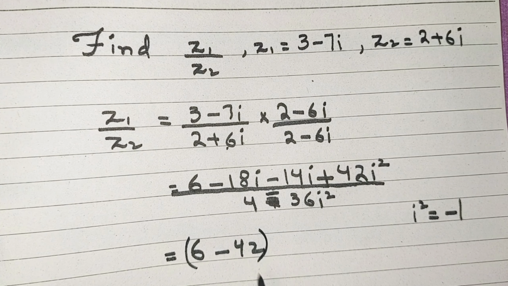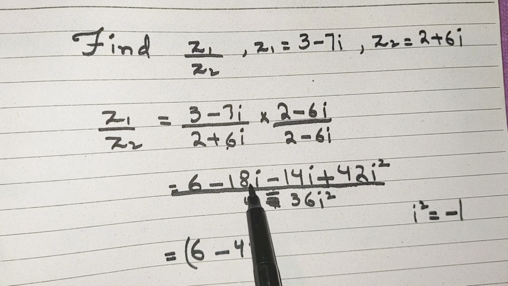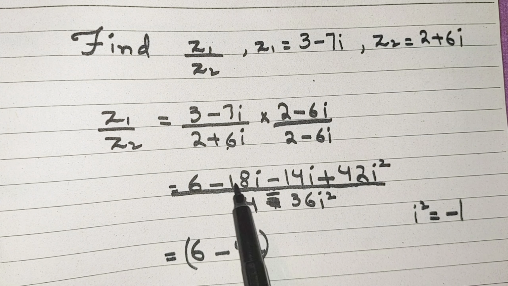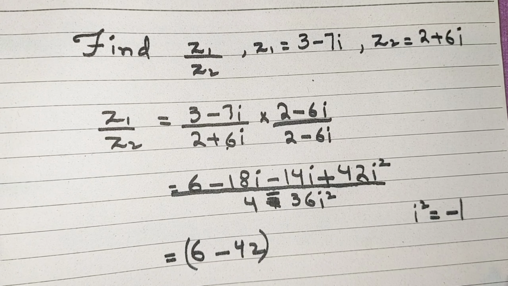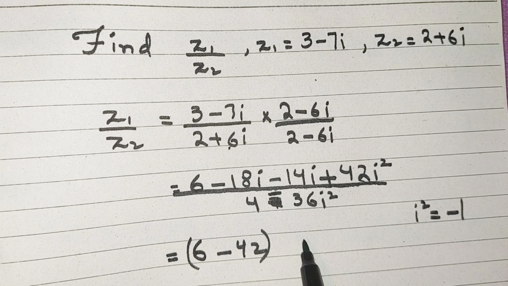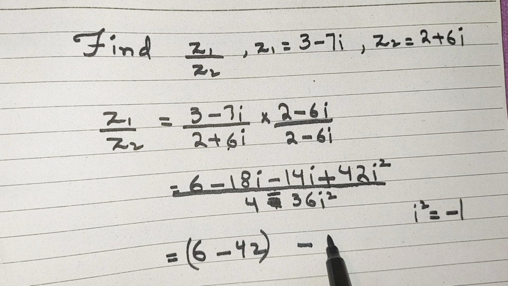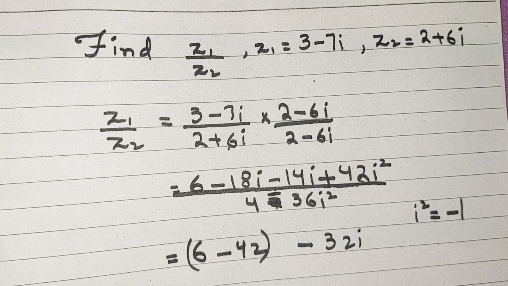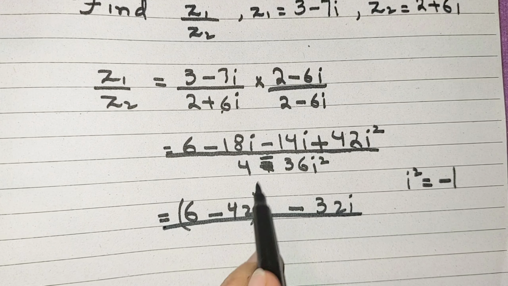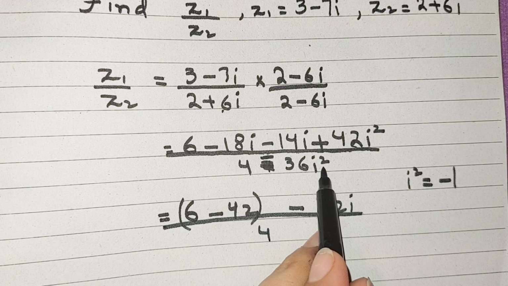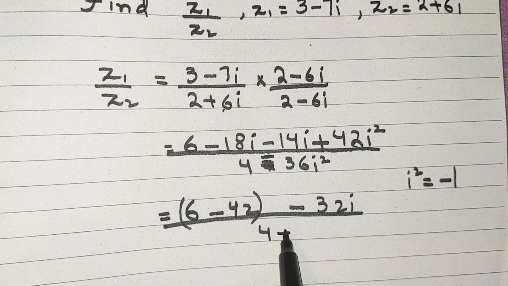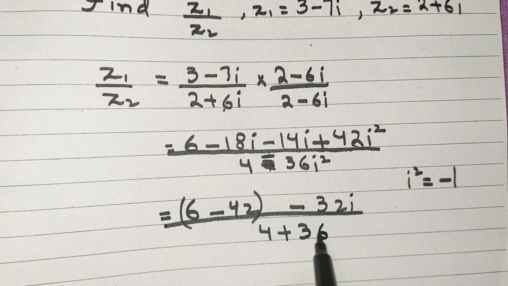Let's subtract separately, and we have this 18 iota and 14 iota, so this means that both will be added. We will write negative 32 iota upon, this will be 4, and this iota square will be -1, and that will become positive here, so that will be 36.